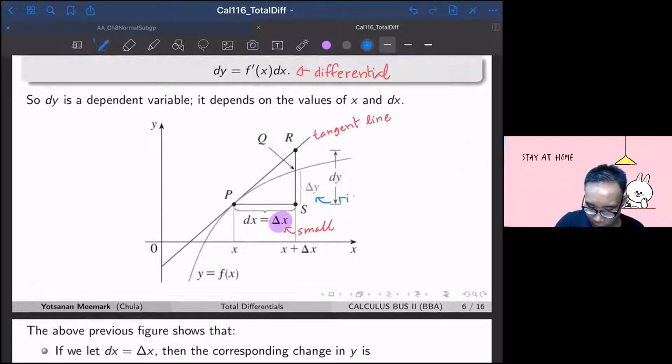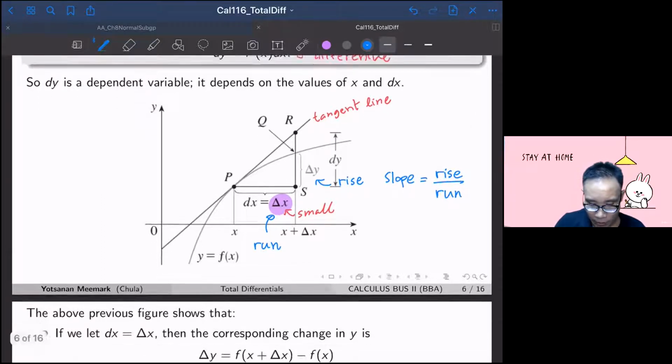This one is called rise, and this one we normally call run, and the slope turns out to be rise over run. This is the concept that you have from high school, that the slope of a line turns out to be rise over run.